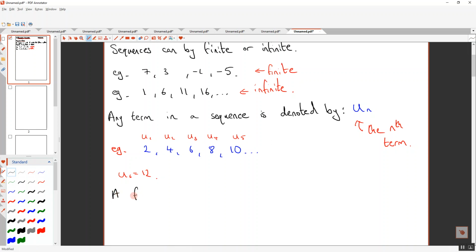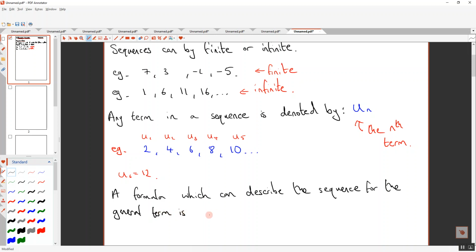So a formula which can describe the sequence for the general term called Un.